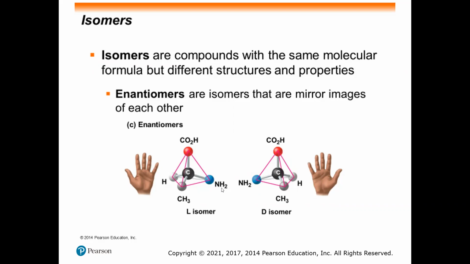So enantiomers are, in a way, left-handed and right-handed versions of the molecule. Just as your right hand won't fit into a left-handed glove, a right-handed molecule won't fit into the same space as the left-handed version. Usually only one isomer is biologically active, because only that form can bind to a specific molecule in an organism.